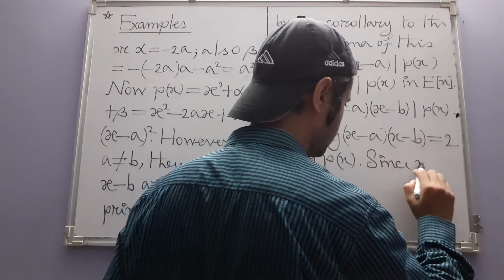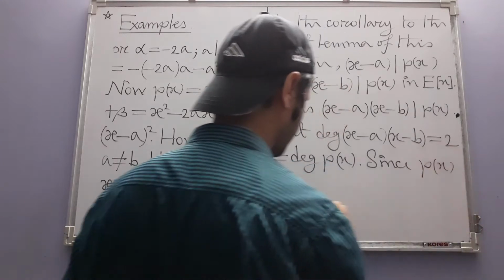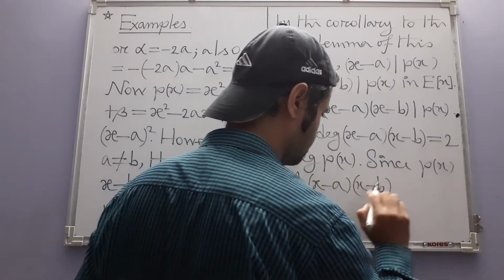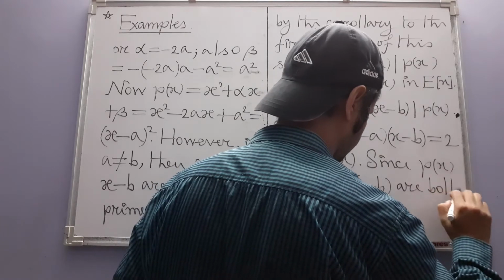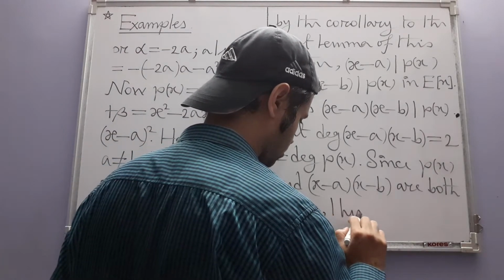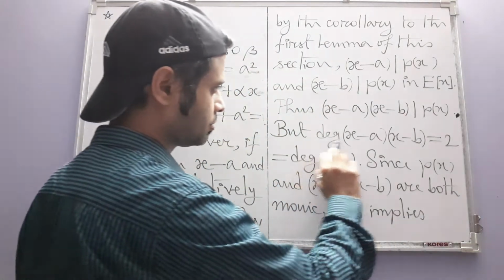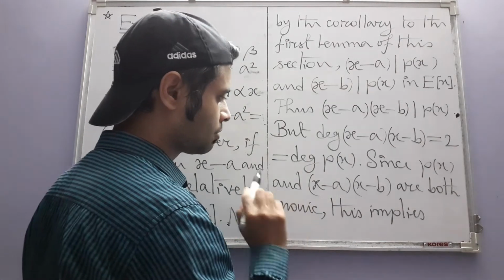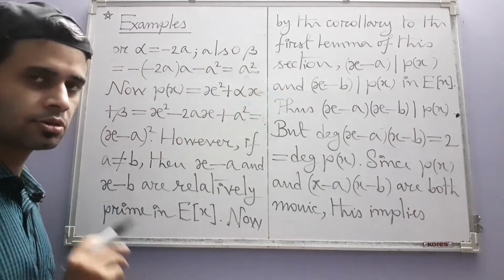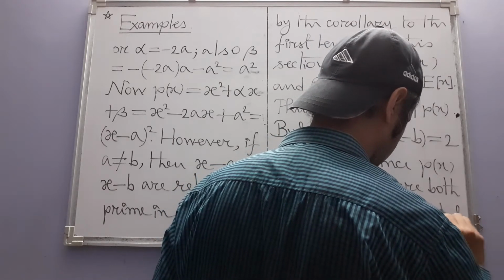Since px and x minus a times x minus b are both monic polynomials, this implies all the things, not just their degrees being equal, but also their monicness and the fact that this divides this, all these things together make us imply that they are equal.